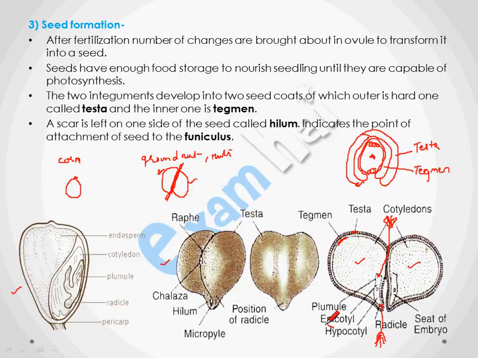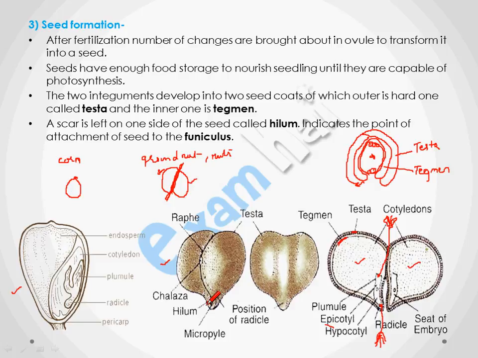This part is the hilum. Hilum indicates the point of attachment of the seed to the funicle. If you go through the diagram of the ovary part of the flower, you will find the hilum and the funiculus, which I have discussed in my previous videos.